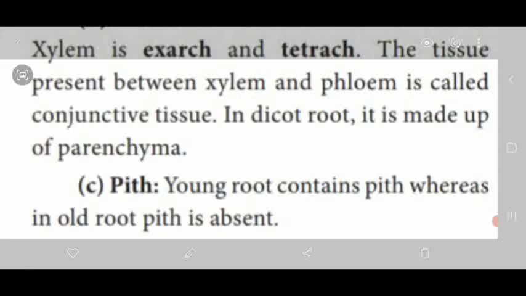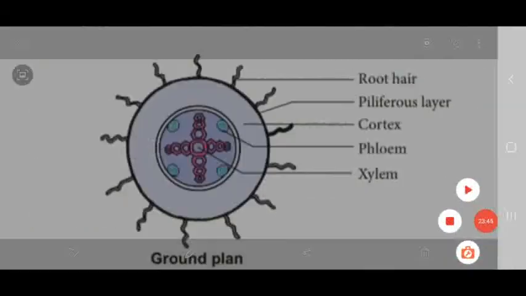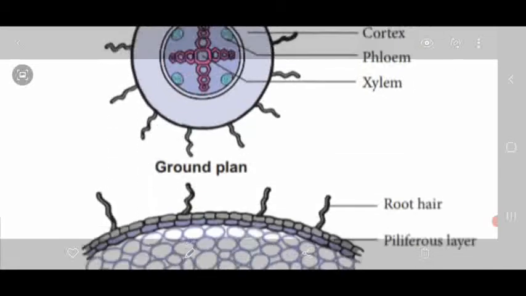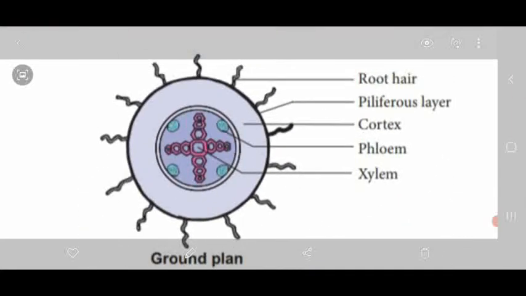Example, bean root. Dear students, this is the ground plan of the dicot root or bean root. Internal structure. Outermost layer is called epidermis. The unicellular root hairs are present. Then inner to the epidermis is the cortex region, which is large and multi-layered.